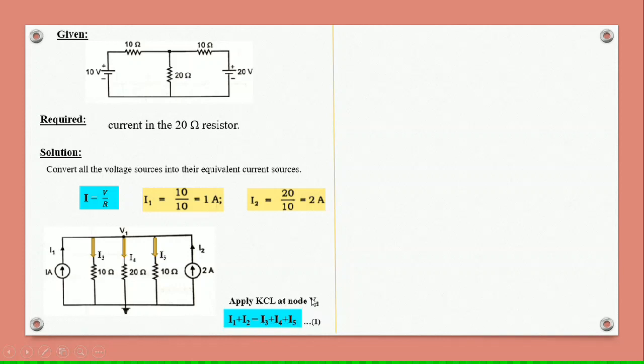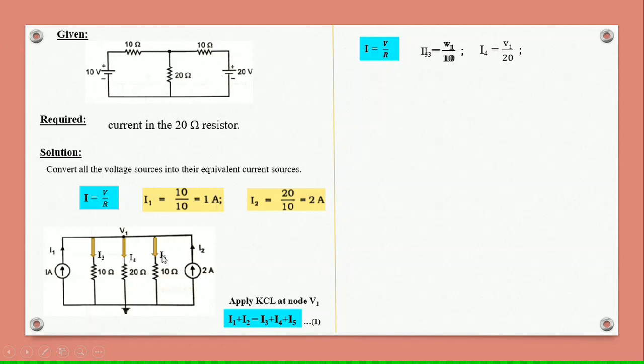For that, once again we are going to apply the equation I is equal to V by R. Let us find the value of I3, where V is the V1 nodal point, R is the 10 ohm resistor. V1 nodal point, 10 ohm resistor. And then for I4, V1 divided by 20.